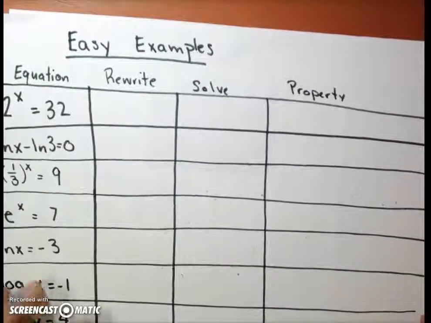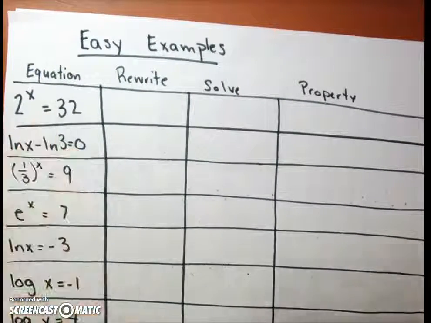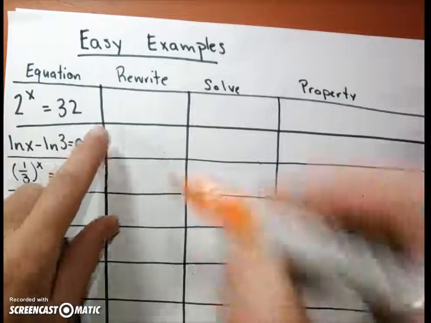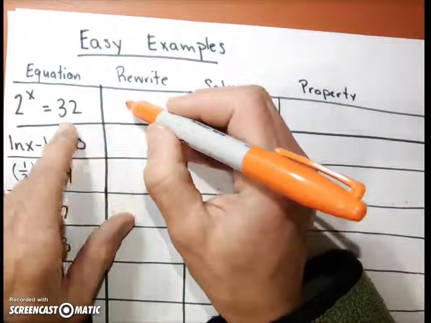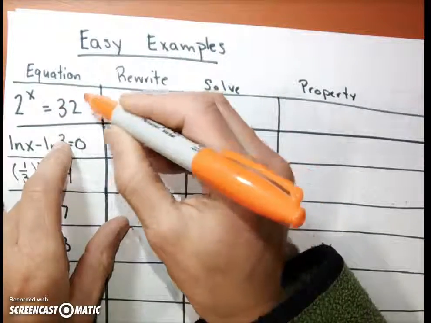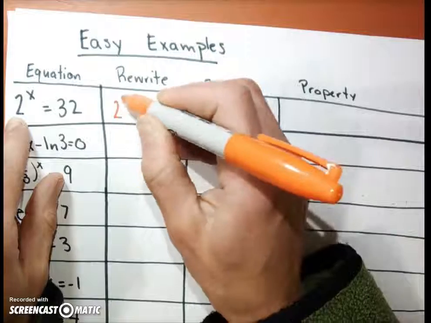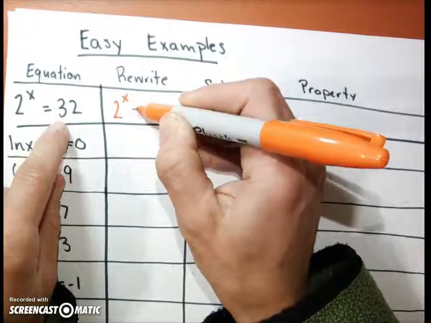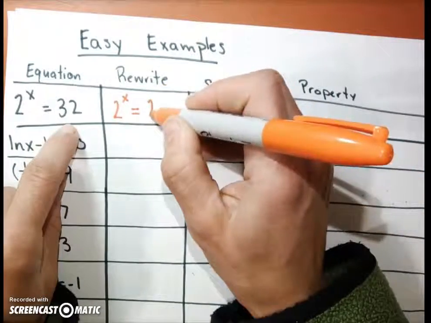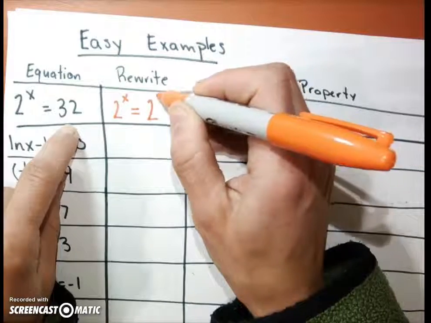So here's our first example, 2 to the x equals 32. In order to do this, I'm going to rewrite 32 with a base of 2. So on the left-hand side of the equality, I have 2 to the x. 32 is the same as 2 to the 5.